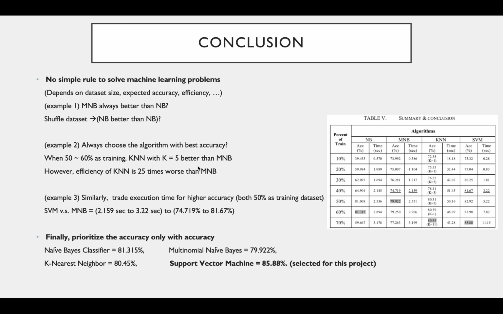For multinomial naive Bayes classifier, we have 79.922% accuracy, and for the KNN algorithm, we have around 80.45% accuracy, and the support vector machine with the highest accuracy, around 85.88%.